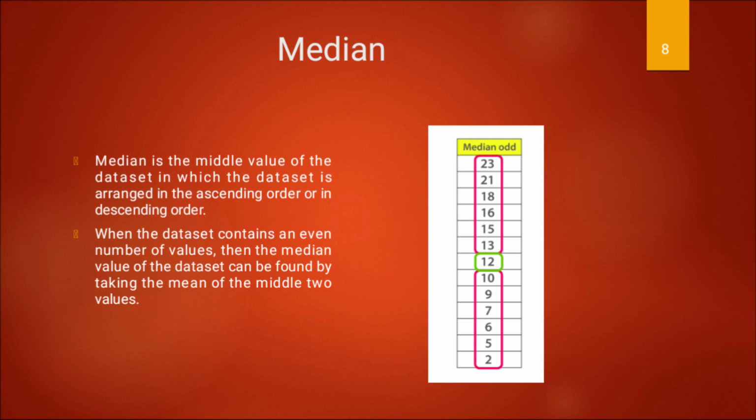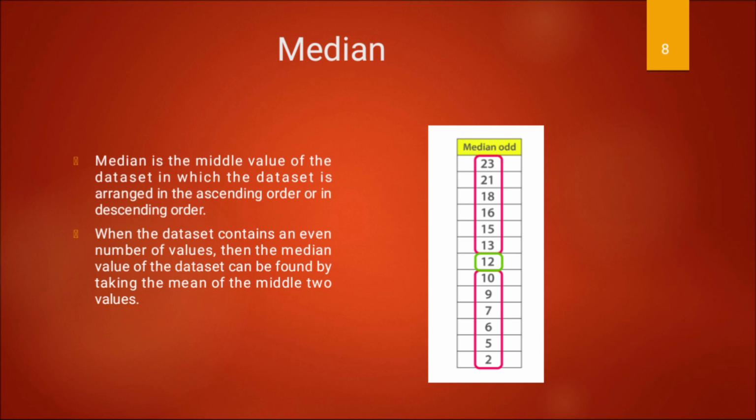The median is the value which is the midpoint of the given data set. So 12 is the median, shown in green color, which indicates the median of the given data set.